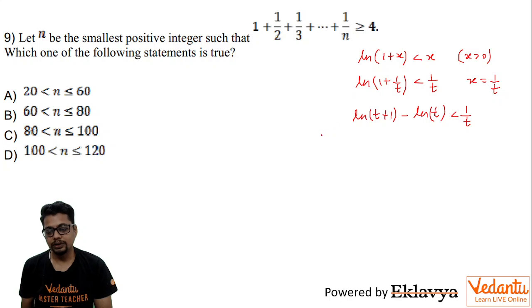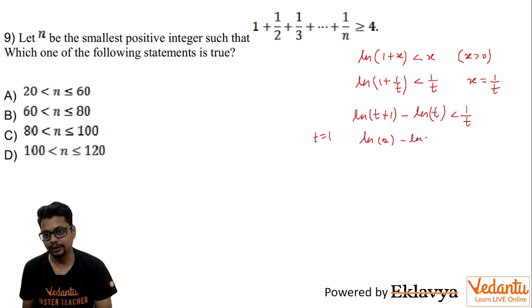Now you may put t to be 1 and you get ln 2 minus ln 1 is less than 1. You put t to be 2, you get ln 3 minus ln 2 is less than 1 by 2. You put t to be 3, you get ln 4 minus ln 3 is less than 1 by 3, and so forth.